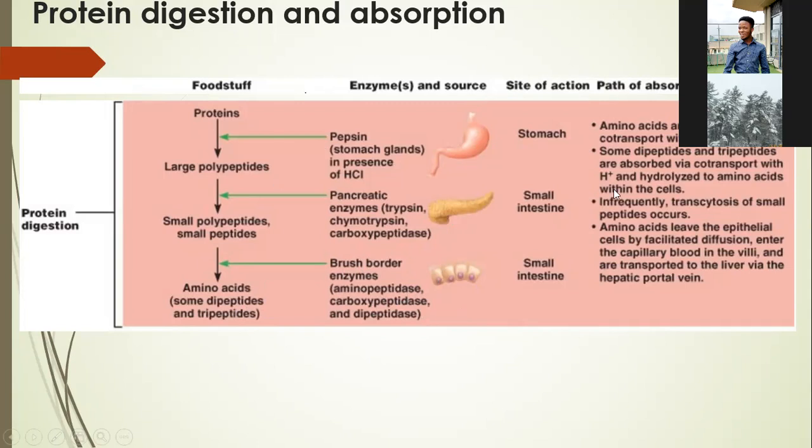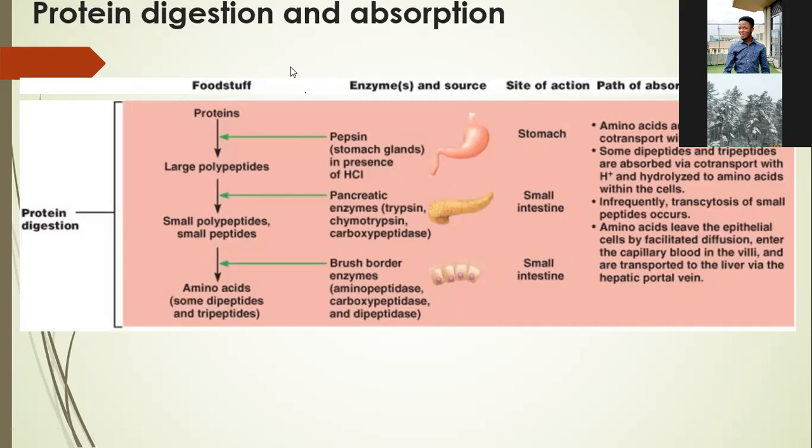So now you know that most of the protein digestion will happen either in the stomach or in the small intestines. So we have the enzyme pepsin, which is working within the stomach, and it is acting in an acidic media.